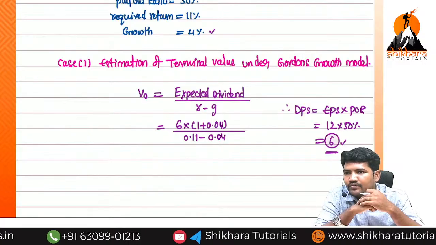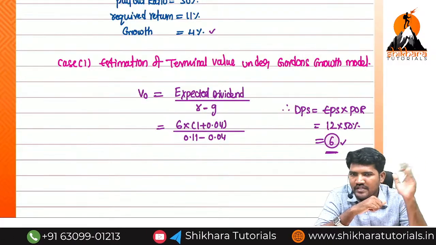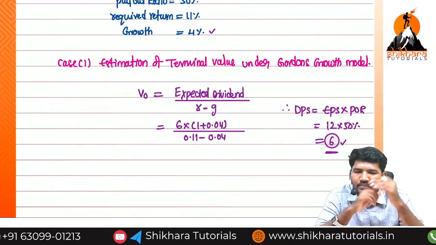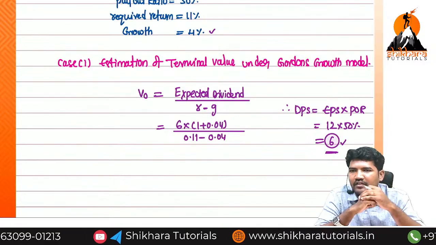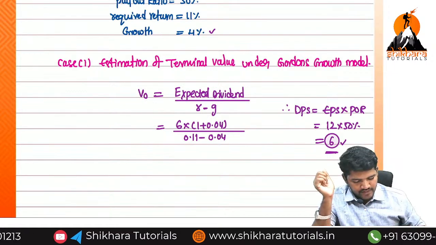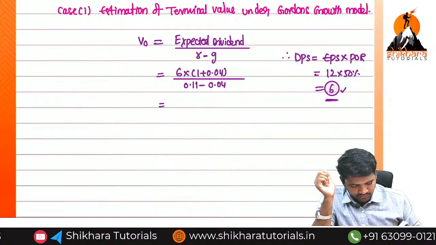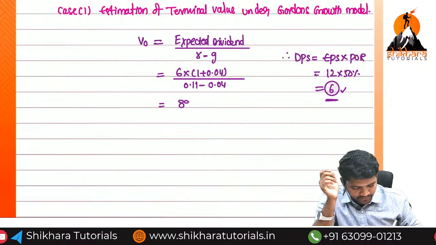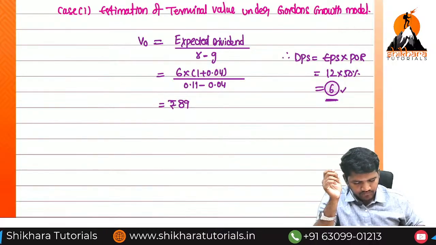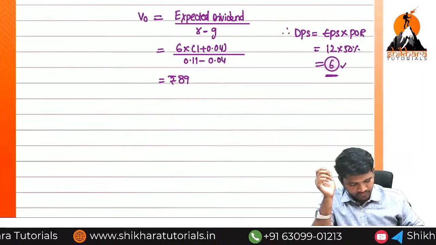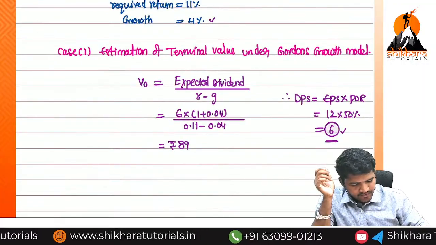In cash flows also, the same logic applies. If you learn properly here, we can handle the discounted cash flow problems. Now what is the answer? 89. So what about the next case?